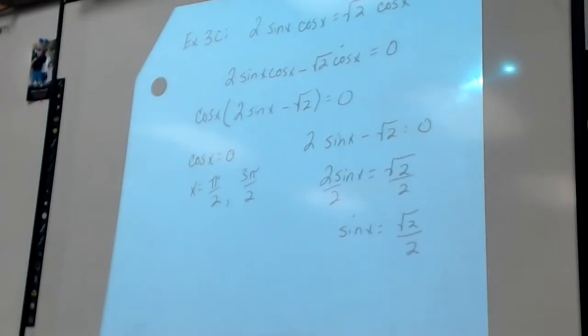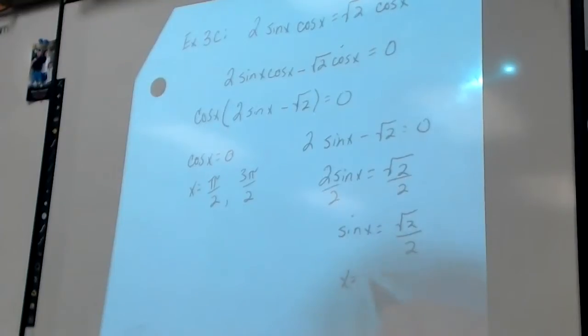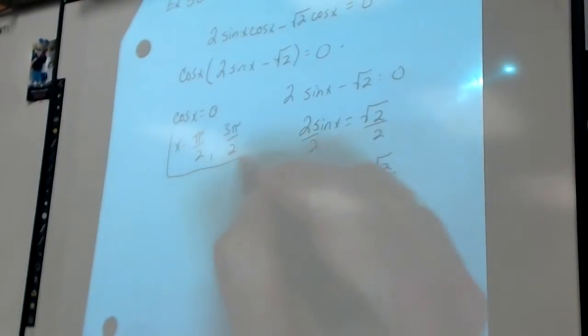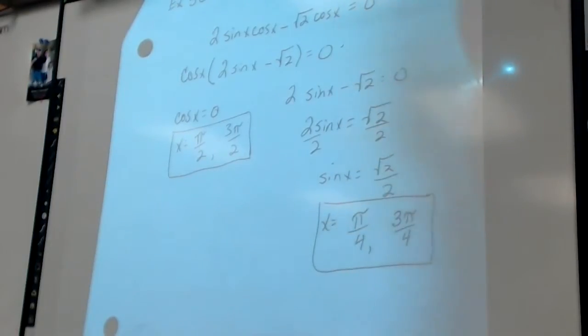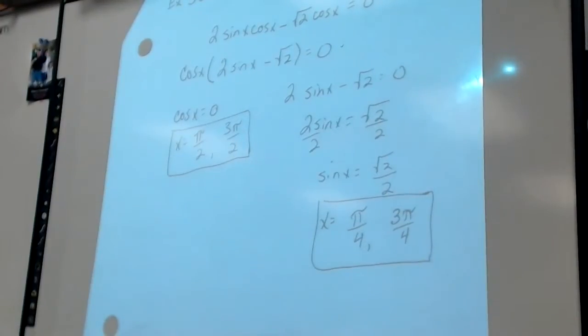So x equals pi over 4 and 3 pi over 4. And we're just doing the solutions between 0 and 2 pi, so you don't have to put the plus 2 pi in, because we're not finding solutions from negative infinity to positive infinity.